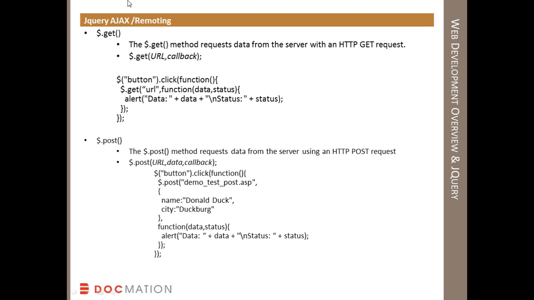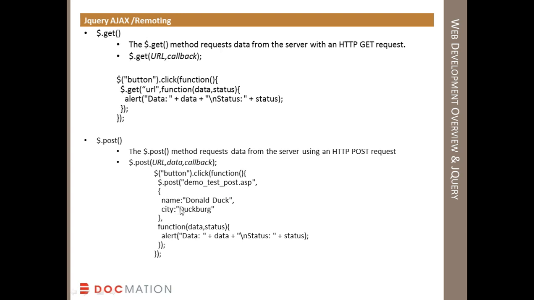Typically, when you are sending data from the client side to your web service, you always try to send data either as XML, string, or a JSON object, when you're doing either a get or a post method. So in this example, I'm calling my server-side function with $.post. My URL is demo test post.asp, and this is the data that I'm sending in JSON format.